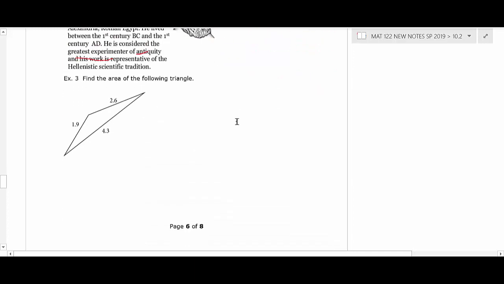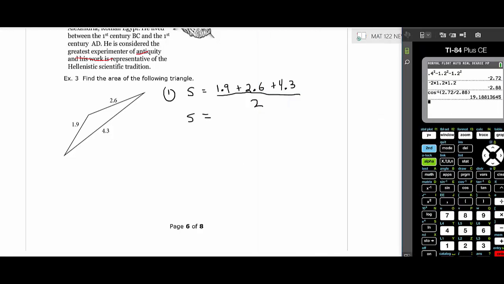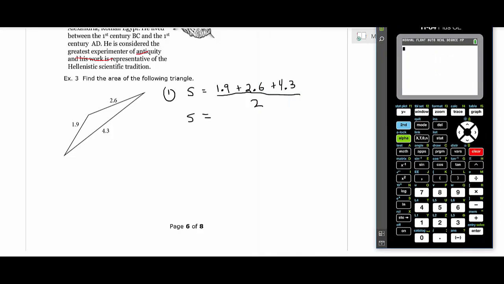All right, so let's see. Going down here, we're going to do an area of a triangle. We've got all three sides on here. With Heron's formula, the first thing you do is find S, the semi-perimeter. The semi-perimeter means to find the perimeter of the triangle, which just means add up all the sides and then take half of that. Hence the name semi-perimeter.